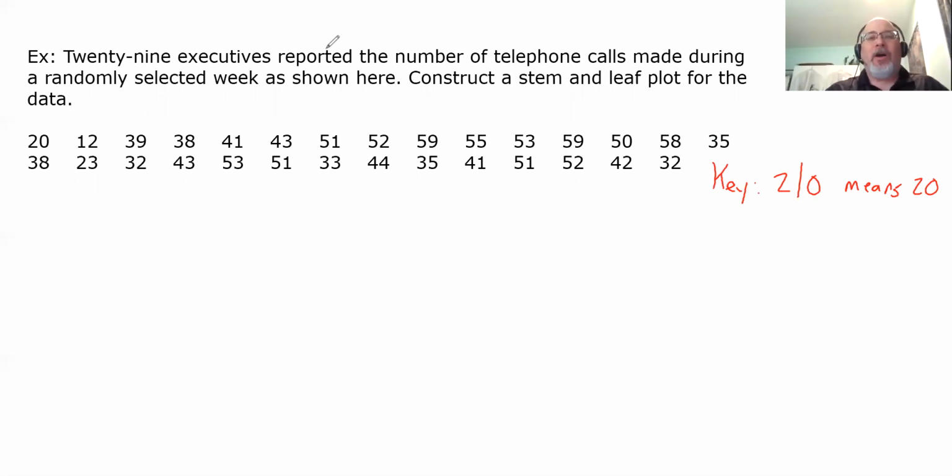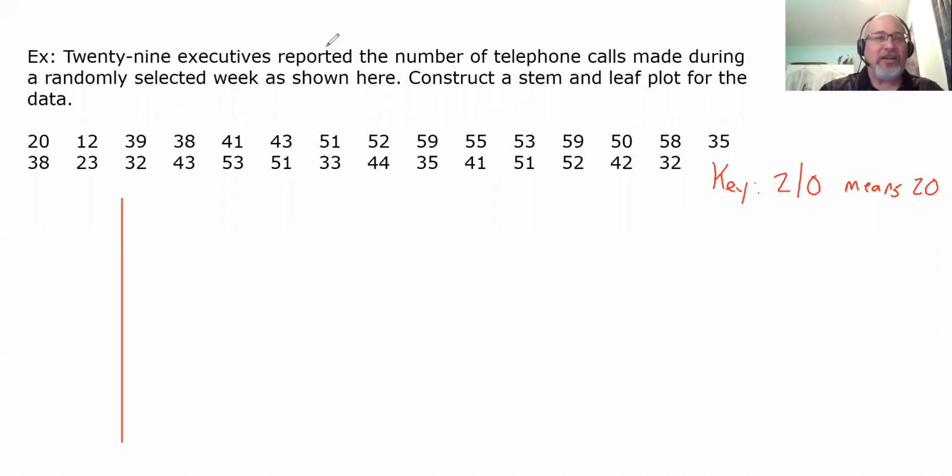Now, the problem with building a stem and leaf display is making sure that your leaves are in numerical order. The actual stems themselves are pretty easy because all you have to do is locate the lowest value and the highest value to determine where your stems begin and end.